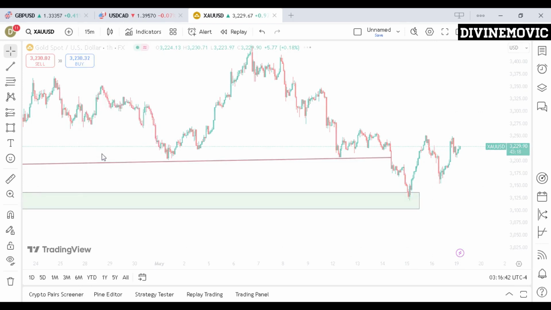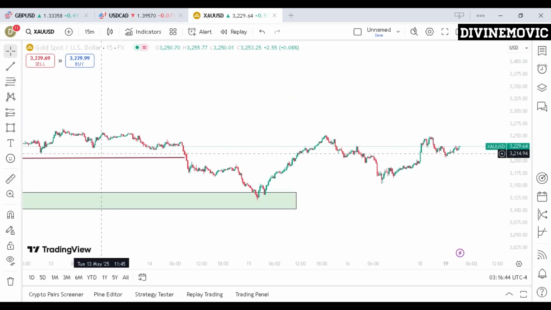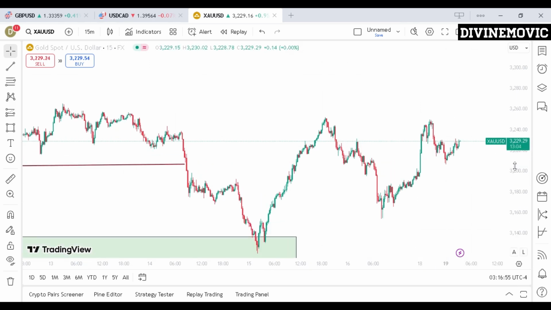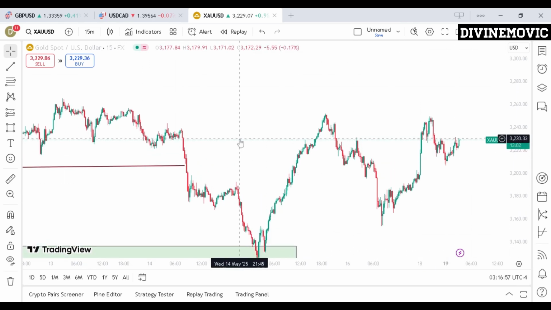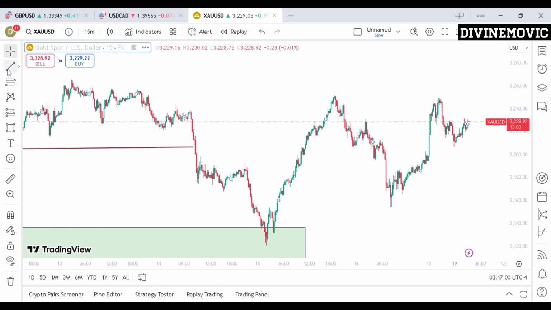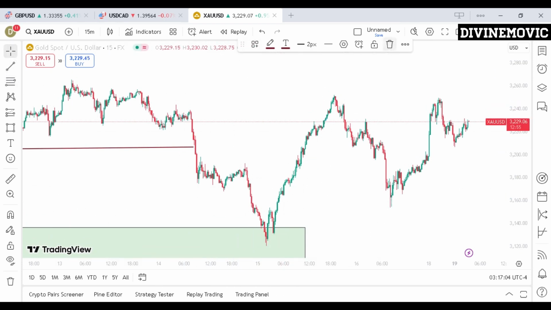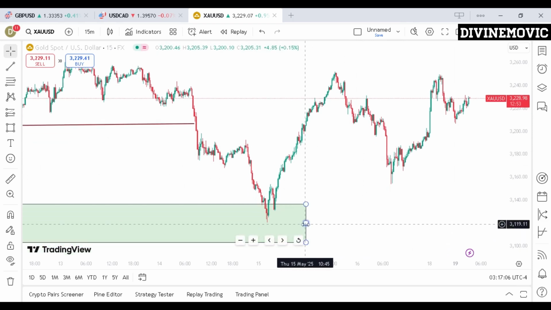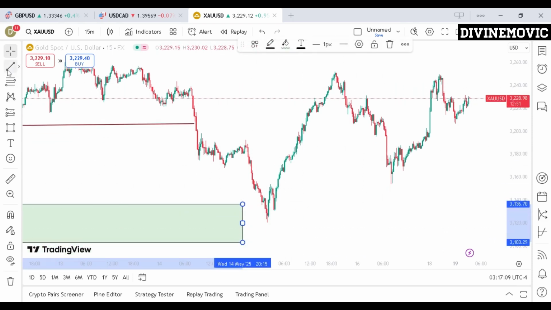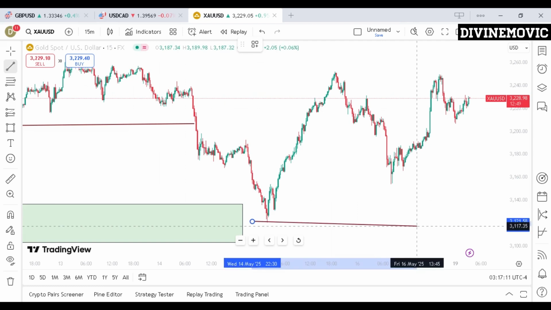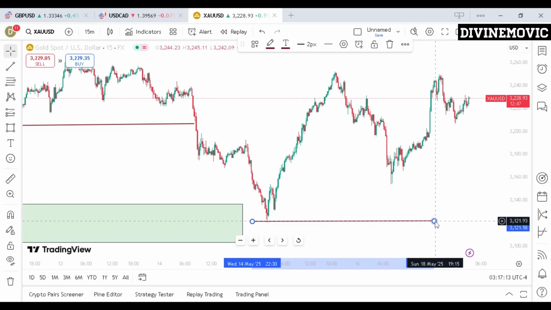On the 15 minutes time frame, I'm looking for three things: the structure, the liquidity, and the point of interest. And in this case here, the structure is simply going to be this low that was created when price tapped into the point of interest, right?